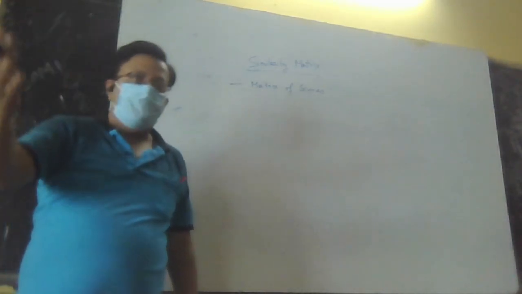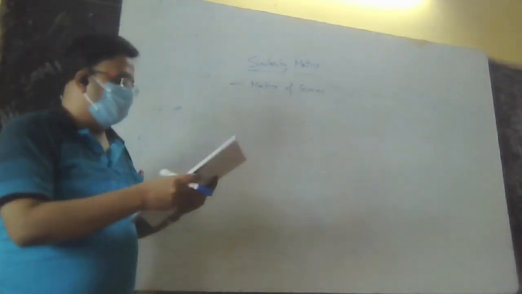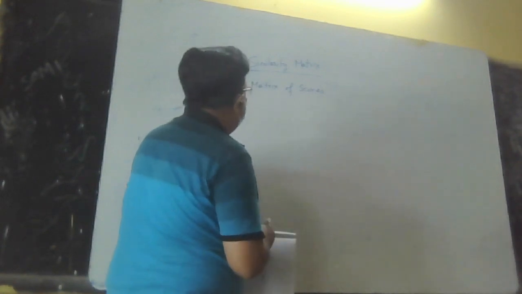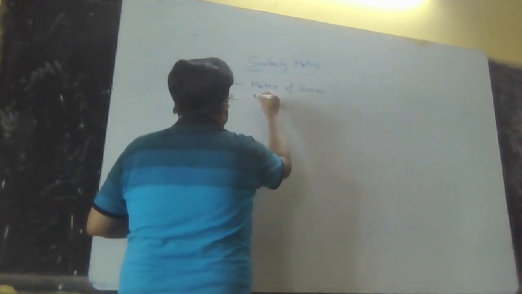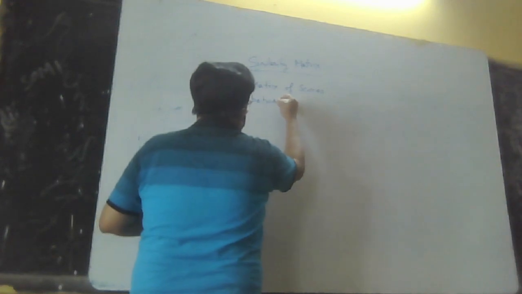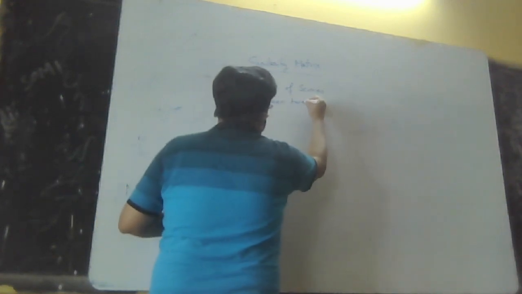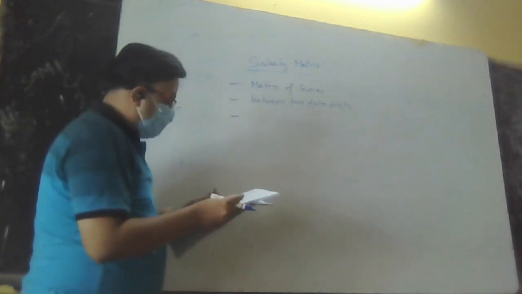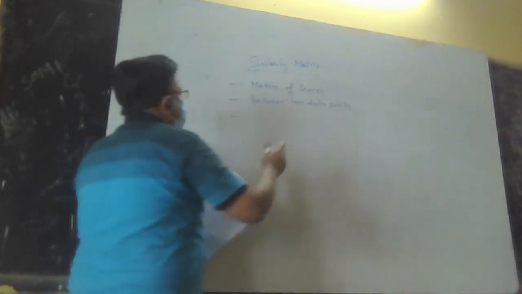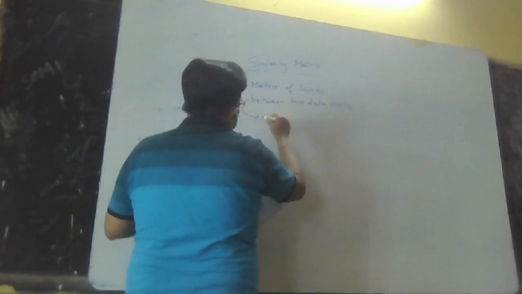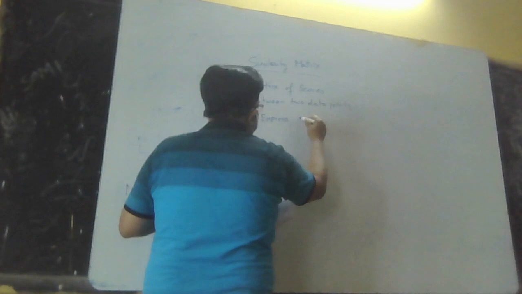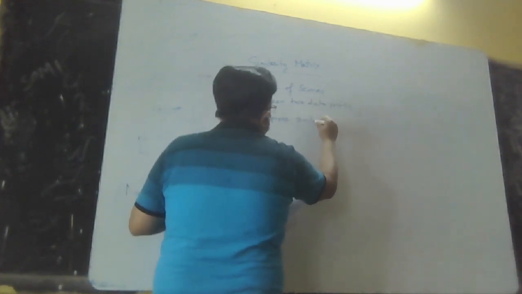That will be given to you. It is a matrix of scores between two data points. One second, before I explain it, I write down the next point. What do they do? They express similarities.